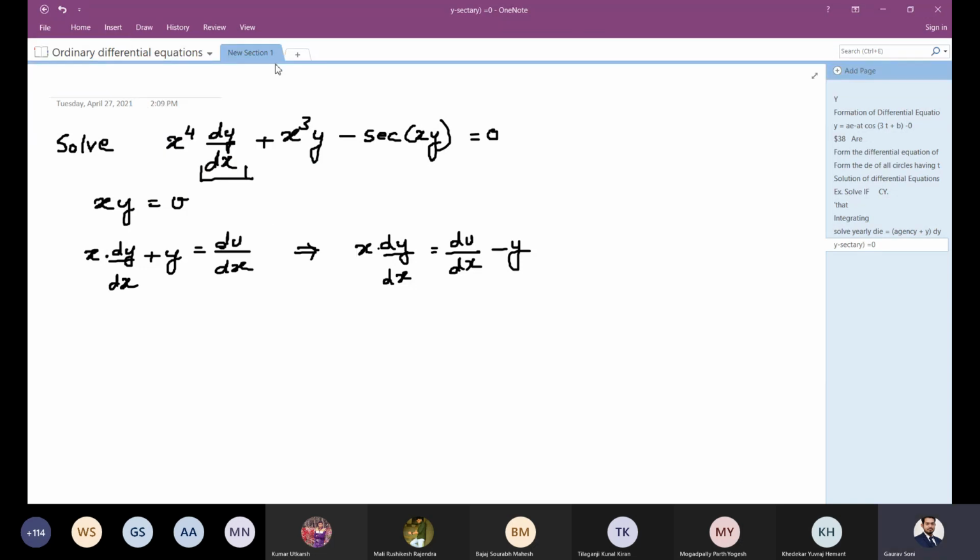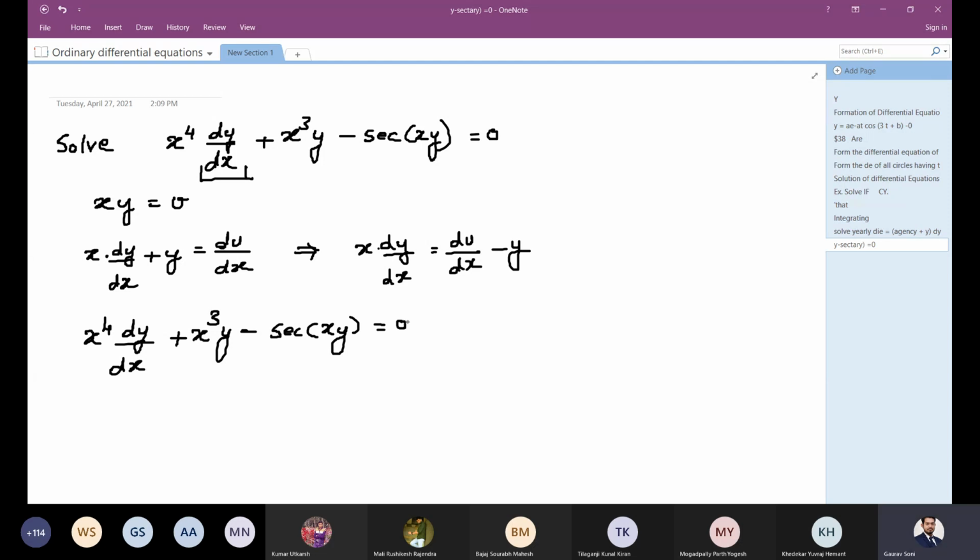Anyways, let's see who can do it. Yes, anyone? So what we have is x raised to 4 dy by dx plus x cube y minus sec xy equal to 0.